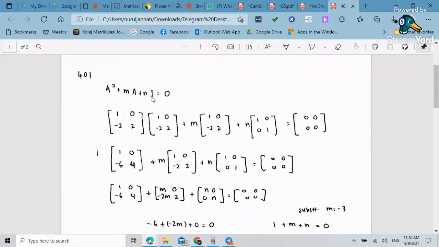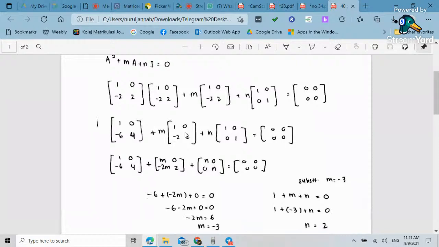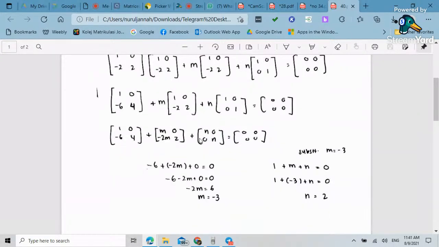and N. Okay, so you multiply, and then you substitute your matrix A, and after you multiply, you add all the matrices on the left hand side, and then to find M, you can pick any element.